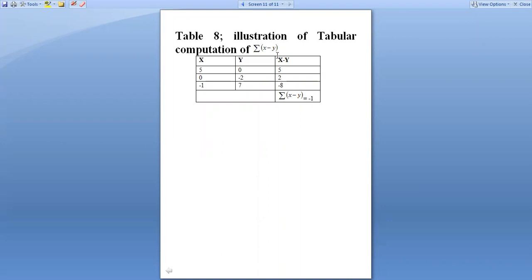Then we shall come back with another unit, unless there is a question. If you have a question, unmute and ask. Merito, you have a question?